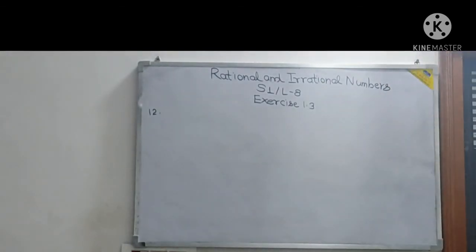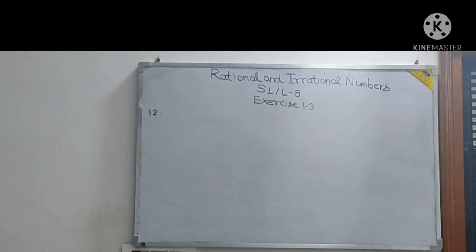Now see, 2 is there and 3 is there. So when you insert irrational numbers between like this, again the same pattern we can follow. So what?